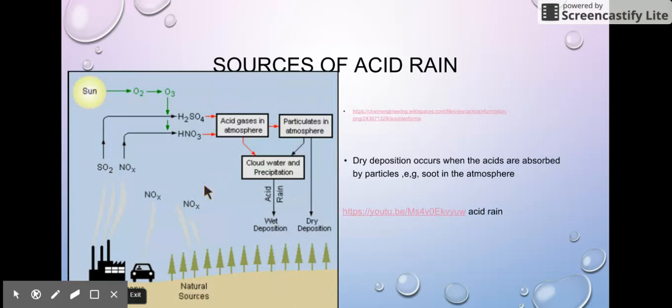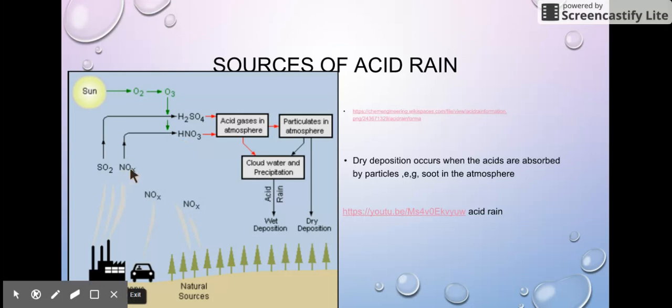Now, you get different sources of acid rain, and this diagram shows it. Industrially, we burn a lot of coal, and coal actually contains a certain amount of iron sulfide. It's another smelly substance, like rotten eggs. When you burn it, you get lots of sulfur dioxide, and that can react with water and produce sulfurous acid, or it can react with ozone and make sulfuric acid.